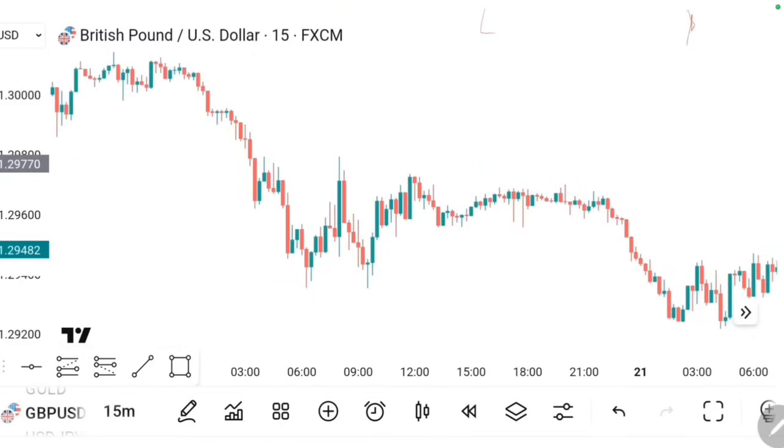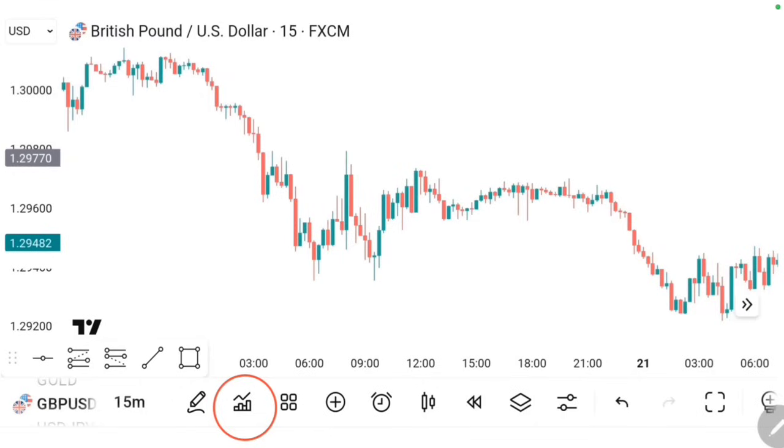So we're going to go into the chart right now. The first thing you need to do, this is TradingView. You need to use TradingView, it's better you use TradingView for this strategy. You click on this function that takes you to your indicators.